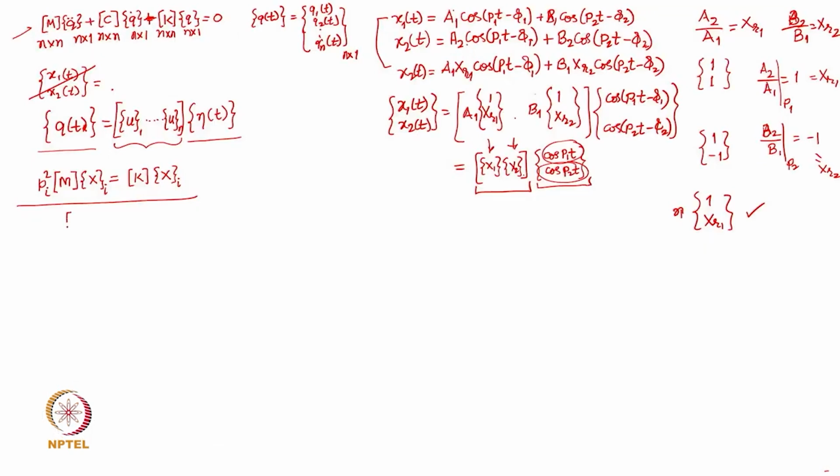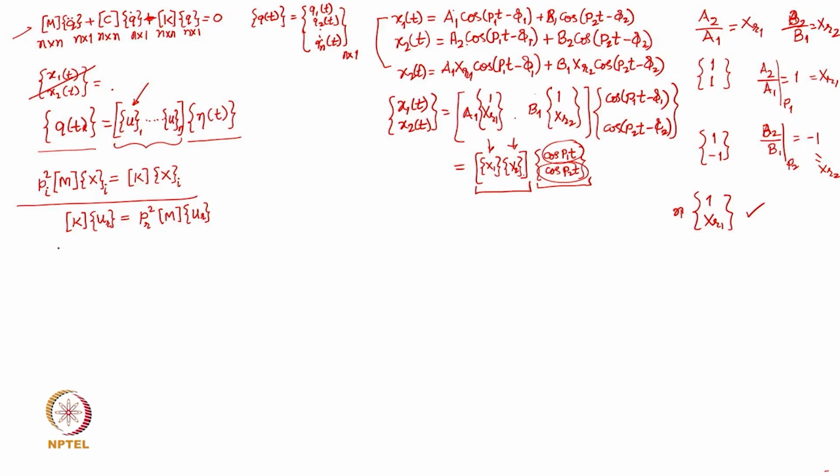So, I will rewrite this as k times, since we have been using u as these modal vectors, I shall now start using this u, and I will use a subscript r to represent the rth mode shape, is equal to the rth natural frequency, p r square times m into u r. Okay. This is the same equation I have written in a slightly different form.